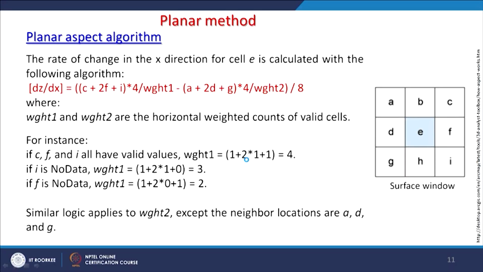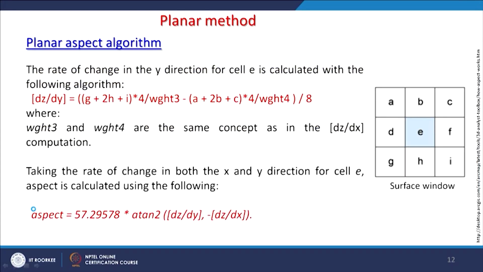Now, further, this is how the rate of change in the x direction of cell E is calculated with the following algorithm, where weight 1 and weight 2 are the horizontal weighted counts for valid cells. For instance, you can have different things, but this is not really implemented in that sense, that for each direction you have to do the calculations.